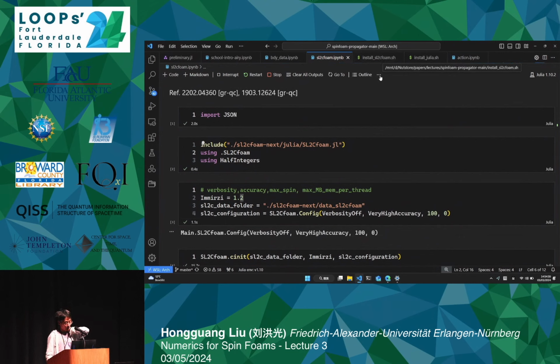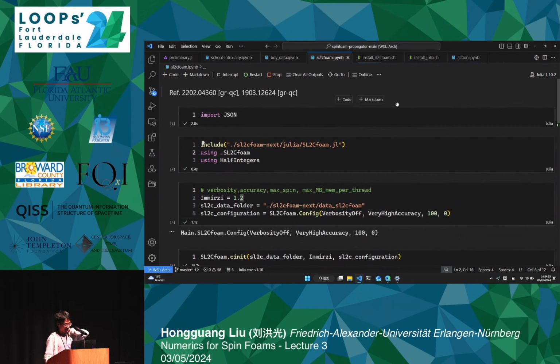How many people are already familiar with compiling things in Linux? Actually, it's not so complicated.